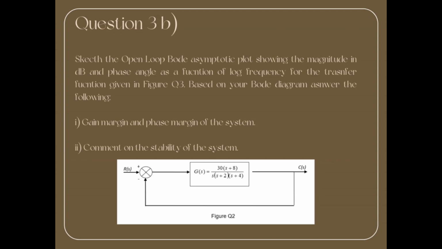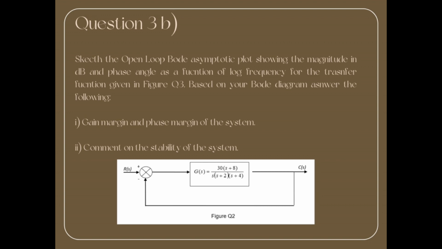My name is Muhammad Hisham, and right now I will continue with question 3b, which is to sketch the open loop Bode asymptotic plot, obtain the gain margin and phase margin of the system, and comment on the stability of the system. Given in the block diagram is the equation 30(s+8) over s(s+2)(s+4).